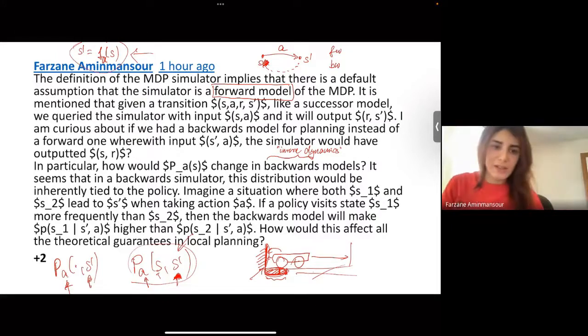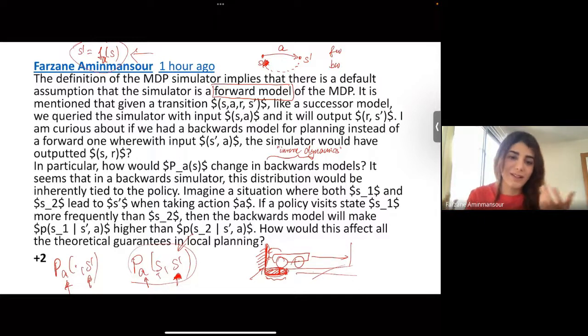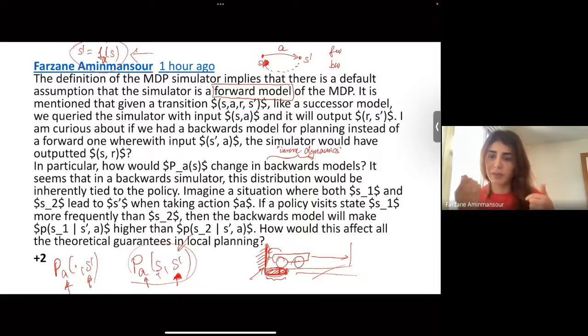So, I have another question regarding this. It's kind of an idea, I don't know how valid it is. If we assume that the policy is fixed, then this means that we could have the probability distribution over previous states, right? So we won't get to this problem, because we already have that distribution over previous states since the policy was fixed.